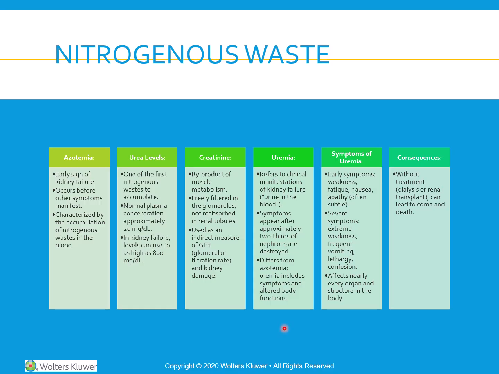But once we get to this point, we really start to see a lot of the clinical manifestations usually associated with chronic kidney disease. So again, they're all listed here. We'll talk about them a little bit more. But without treatment of this buildup of nitrogenous waste, either by dialysis or renal transplant, it can really lead to things like coma or death. So this really does need to be managed.